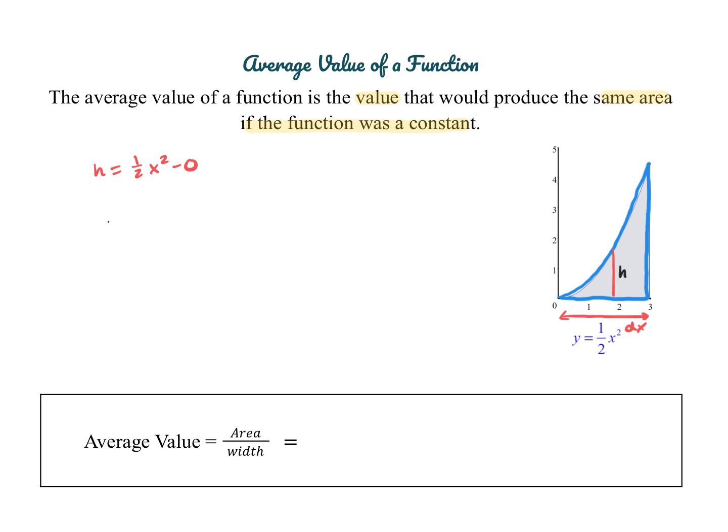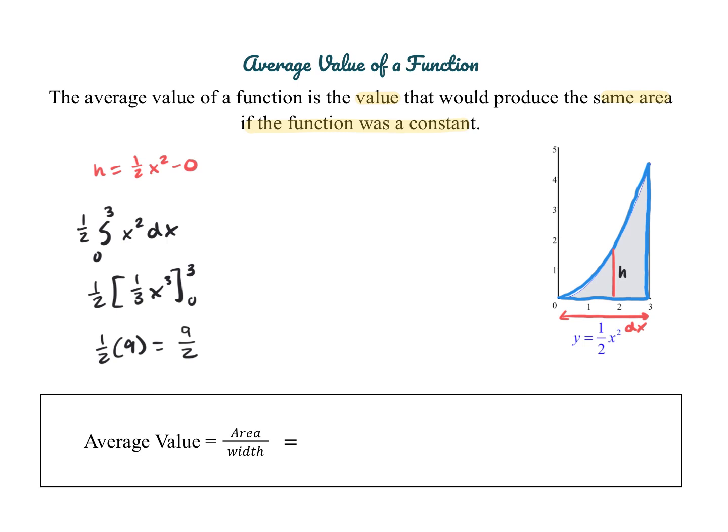And again, I'm just integrating that from 0 to 3, and I'm going to pull my constant out front. So we get 1/2 times 9, so 9 halves. So that's the area under the curve.